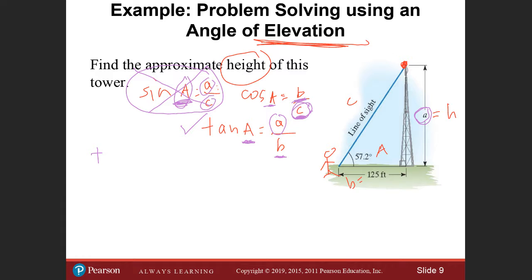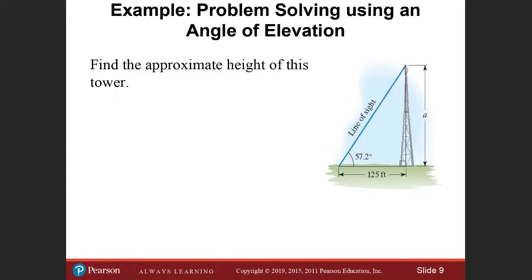So let's use the third one. Tangent A is equal to A over B. So we know what tangent A is. Angle A is 57.2 degrees. We do not know A. B is 125.